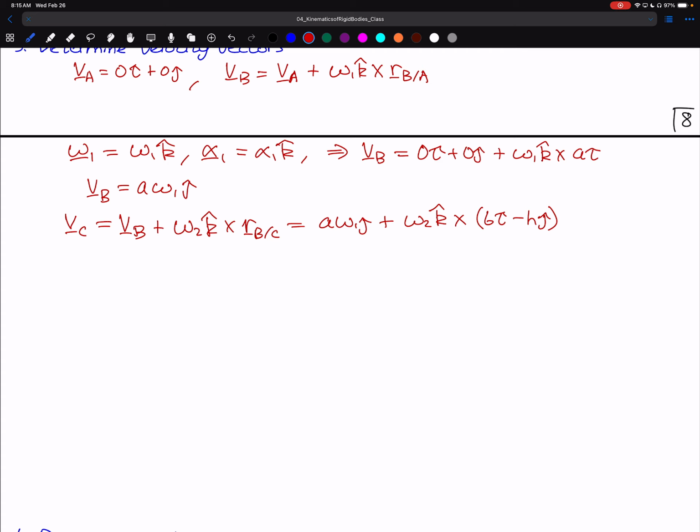And at this point, this omega 2 is unknown. And so we're going to solve for both omega 2 and for this velocity VC.